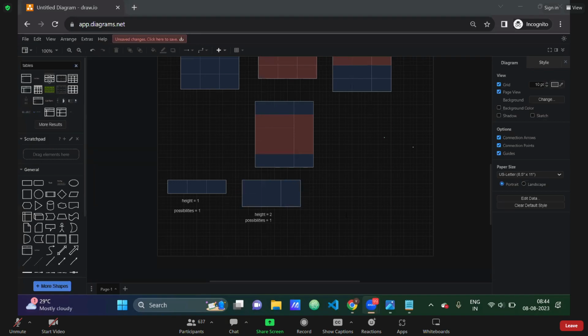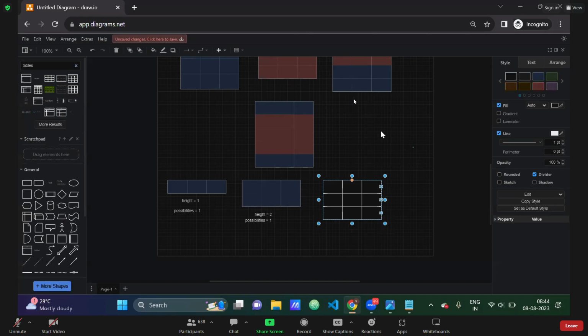Next, for height 3. Now tell me how many possibilities are there to tile the wall? Two possibilities. So what are they?